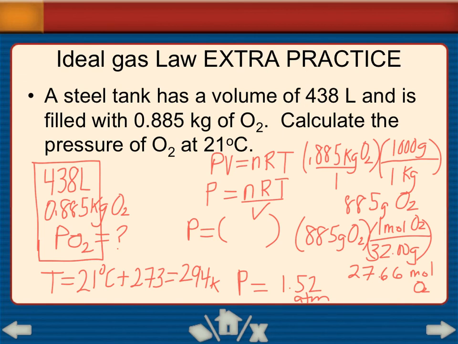Choose R. We're looking for atmospheres, so we'll use 0.0821. Temperature was in Kelvin, 294 Kelvin, divided by the volume, which was already in liters, so 438 liters. Check your units, do the math, you come out with an answer of 1.52 atmospheres.